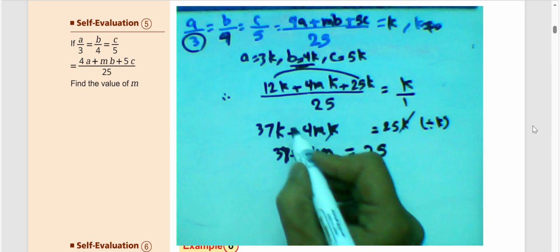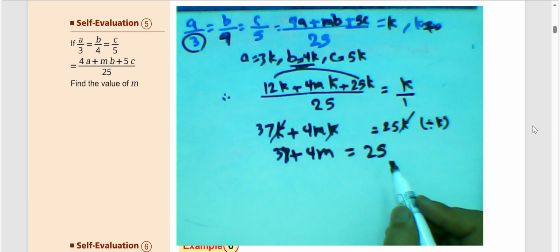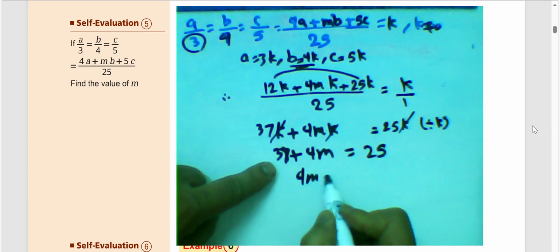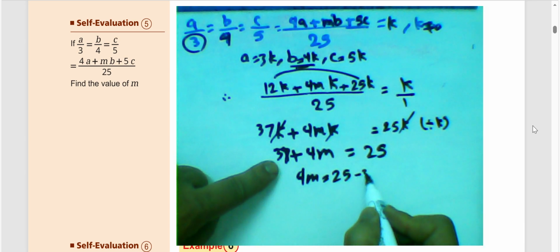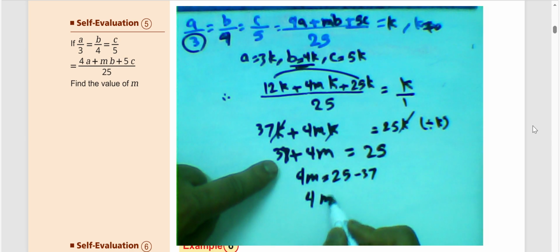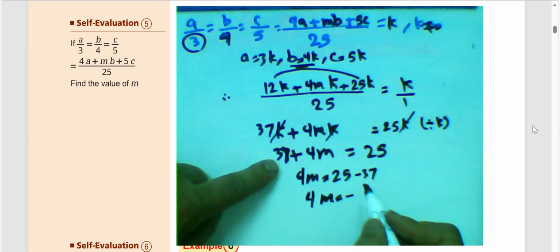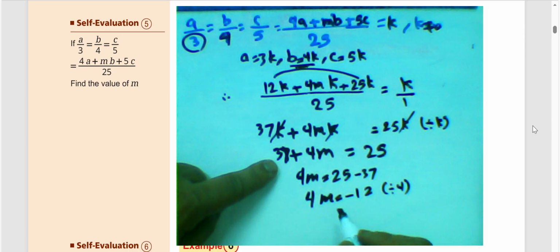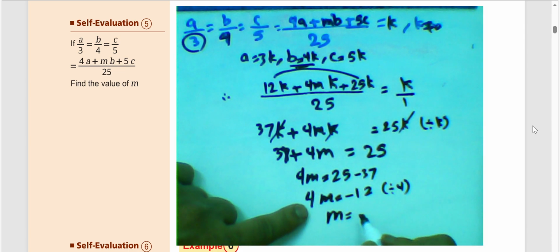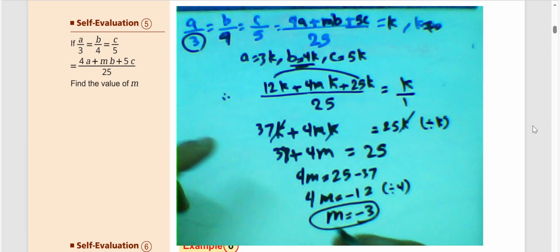We can divide by k for the 3 terms. Then 4m equivalent to 25 subtract 37. So 4m equivalent to the difference between two numbers, right? Negative, and 7 minus 5 is 2, 3 minus 2 is 1. Now I will divide by 4, the coefficient of m. Then m equals negative 3. We found here the value of m would be negative 3.